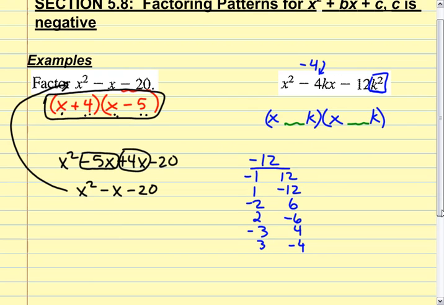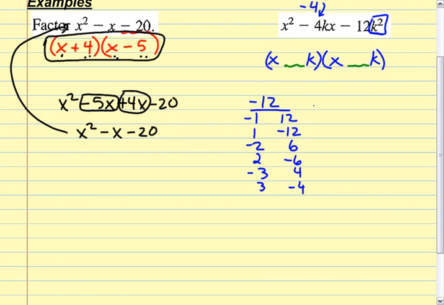Okay? Now, when I add them, that's going to give me 11, negative 11, 4, negative 4, bing, bing, bing, bing. That's the one I'm looking for. All right? I don't need to keep going. This is the pair that I'm looking for, and I'm going to put plus 2k, because it's positive 2, and minus 6k, because it's negative 6.